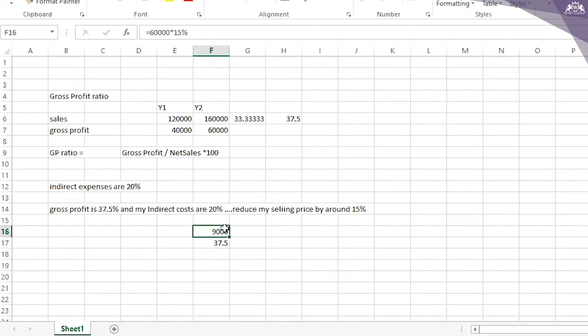So you can play around with your costing and still be sustainable in the market with your gross profit ratio. Because that is your direct cost, it will help you determine your direct income, gross profit.